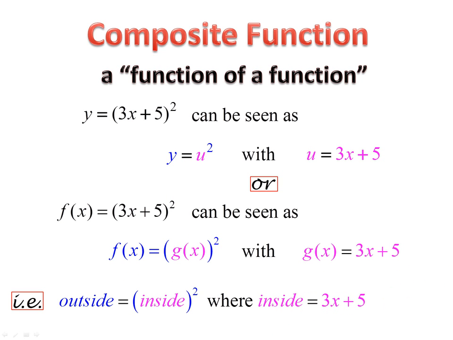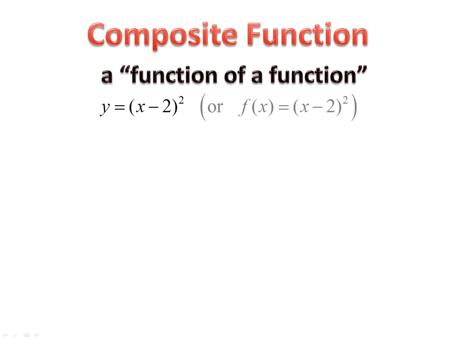I'm going to do a lot of talking about outsides and insides now, because it's a looser but easier way to look at it. So let's say we have to differentiate this expression here. Then we'd have y equals (x minus 2) squared, where y equals u squared and u equals x minus 2. Or, let's go to the f of x notation.